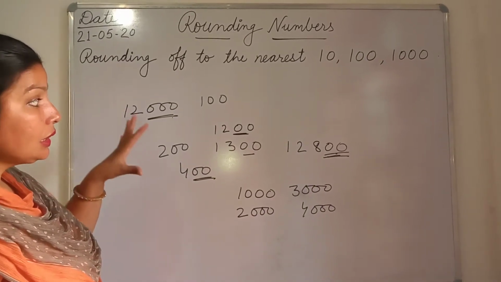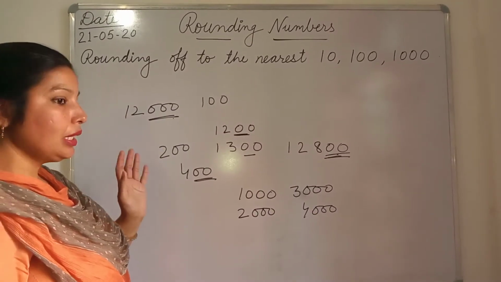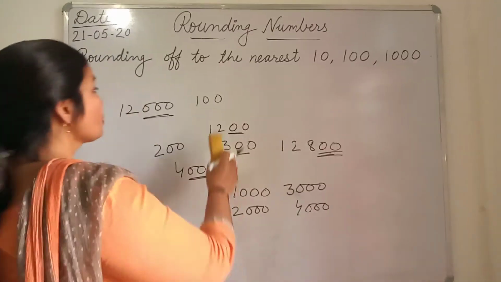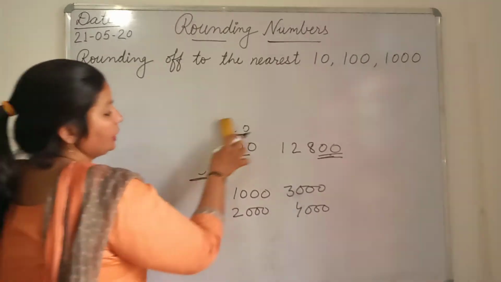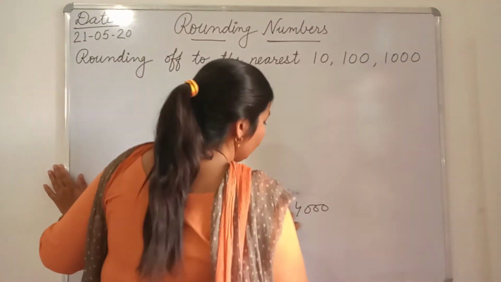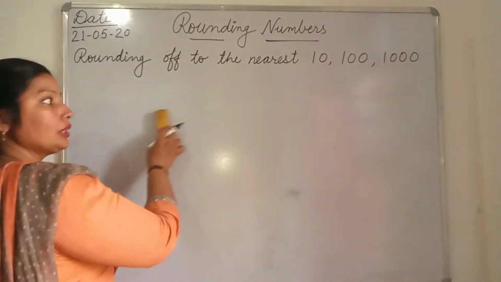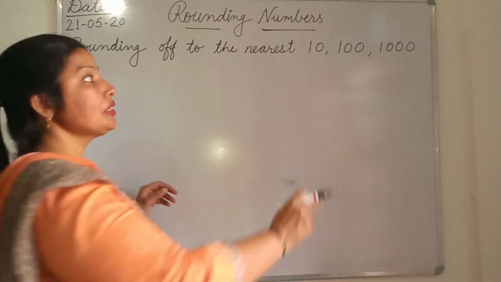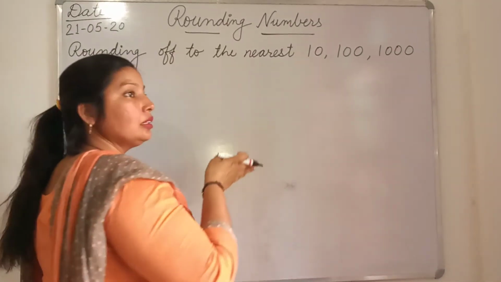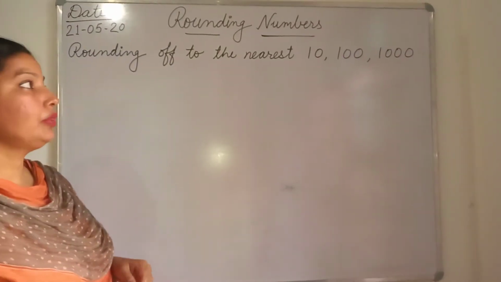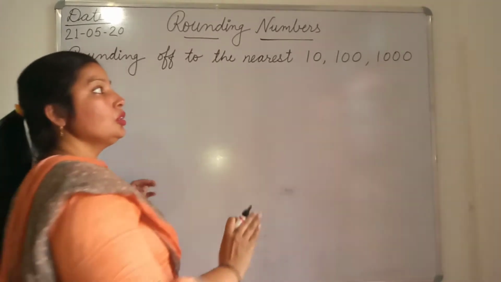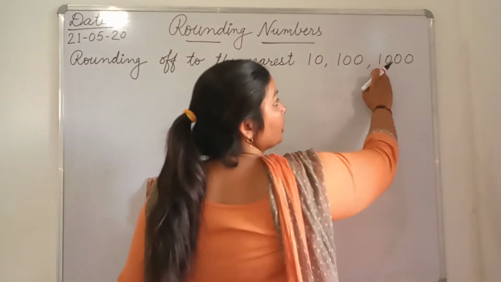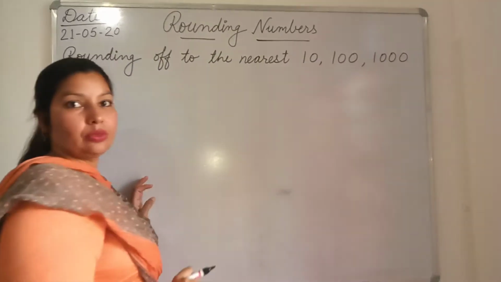So for finding these rounding numbers, we have some rules. We can't find them directly. For that we check the column before the one whose rounding we are finding. For rounding of tens we check the ones column, for rounding of 100 we check the tens column, and for rounding of 1000 we check the 100 column.